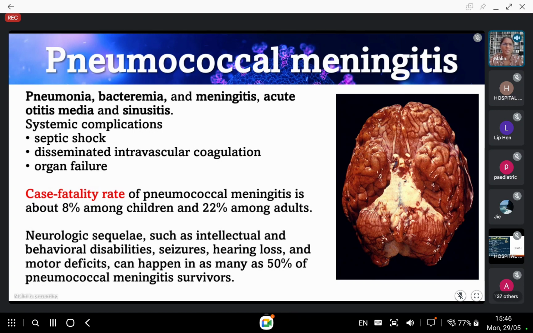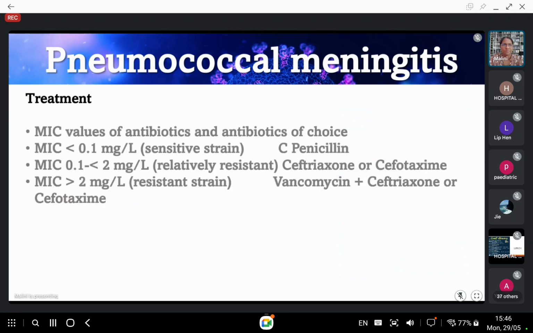There's a high case fatality rate of 8% among children and 22% among adults, and very high incidence of neurological sequelae, including intellectual and behavioral disabilities, seizures, hearing loss, motor deficits in more than 50%.